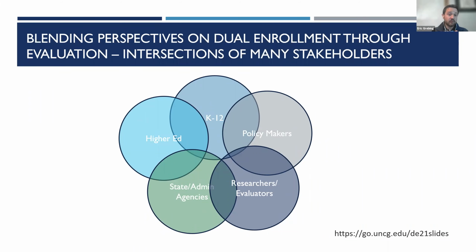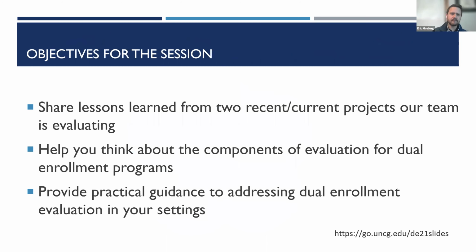And in order to make dual enrollment successful, it requires different systems to work well together. So with that in mind, we really want to be thinking about anytime we are evaluating a dual enrollment program, it doesn't make sense just to look at higher ed. It doesn't make sense just to look at K-12. It doesn't make sense just to look at policy, that it's really about the intersections of all those different pieces.